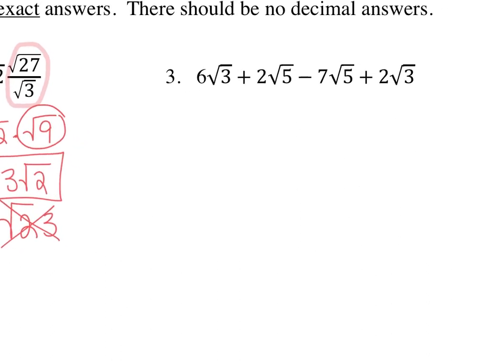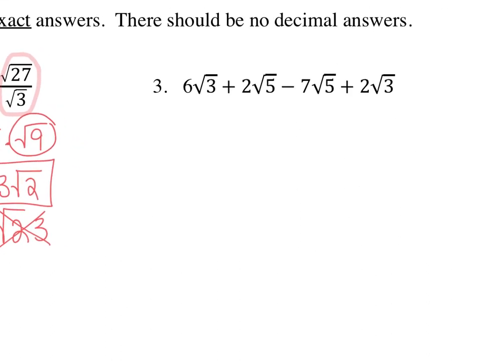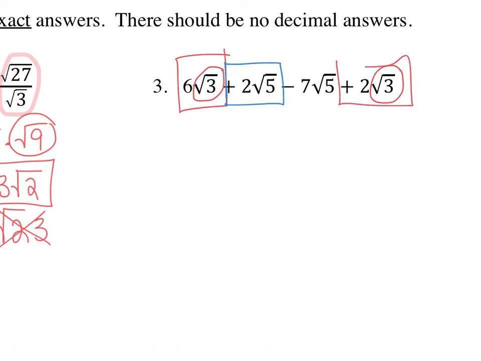All right, so for number 3, we have radicals that are being added and subtracted. Radicals are very similar to variables, in that you can only add and subtract ones that are like radicals. So here, if I have 6 root 3 plus 2 root 5 minus 7 root 5 plus 2 root 3, I can only combine these 2, and then I can only combine these 2, because they need to have the same number underneath the radical sign.